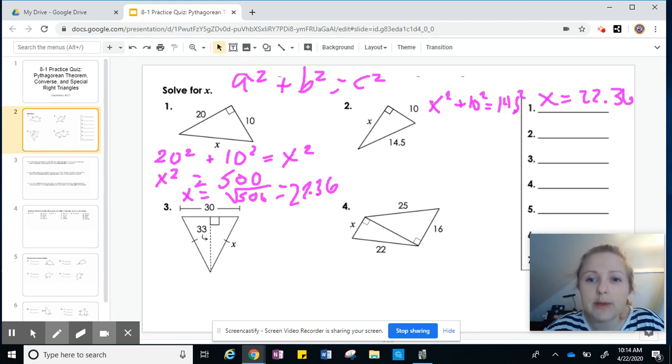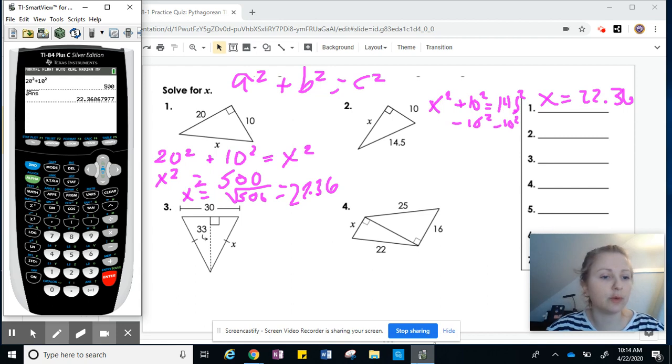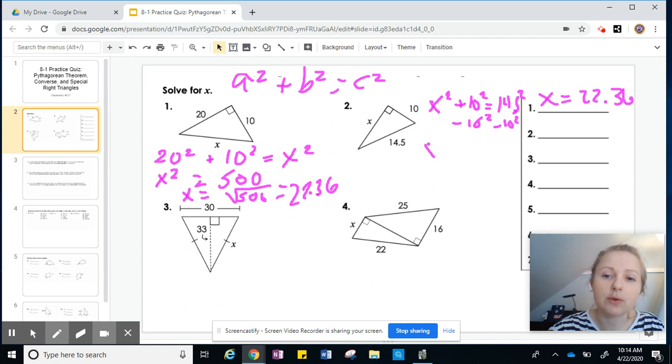So what we can do here, let's subtract 10 squared from both sides. So 14.5 squared minus 10 squared equals 110.25. So x squared equals 110.25.